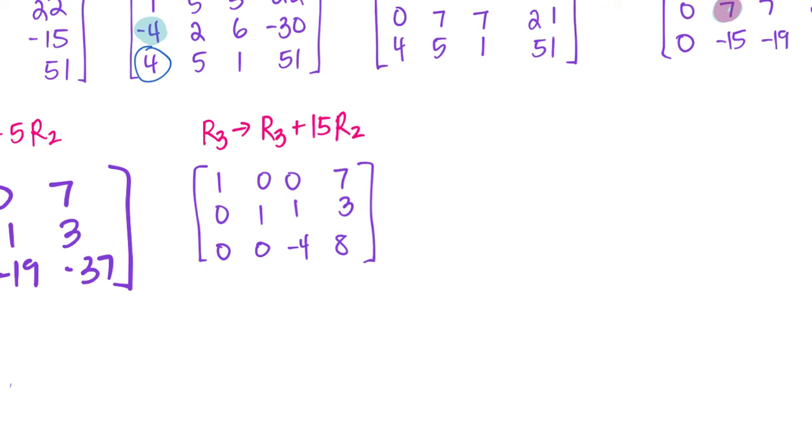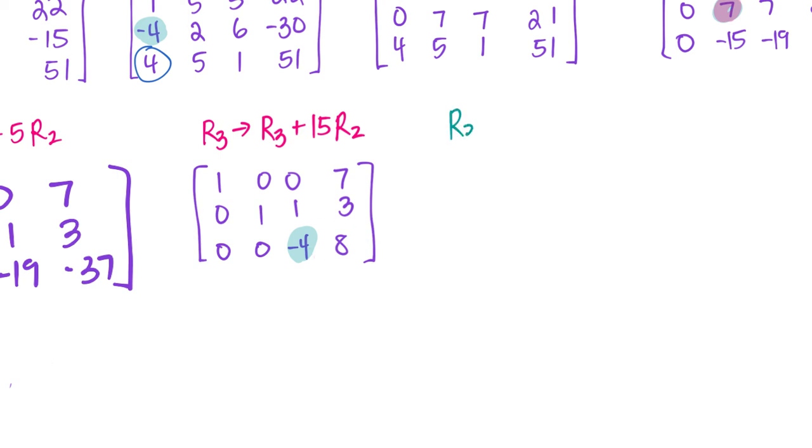Third column, now this time around, I need this number to be the 1. So the easiest way is going to be to divide by 4, and luckily both of these numbers are divisible by 4.